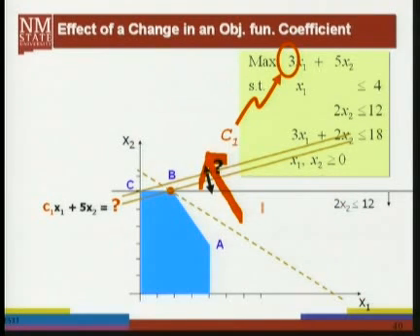And we know the new optimal point is right here. Okay? This is point C, the new optimal solution, where the isovalue line intersects our feasible region. Is that right?